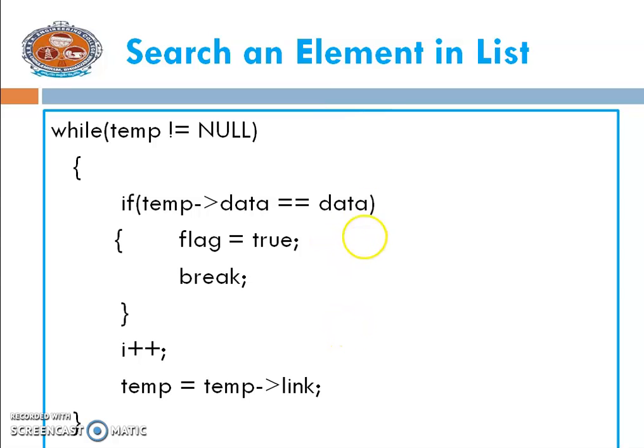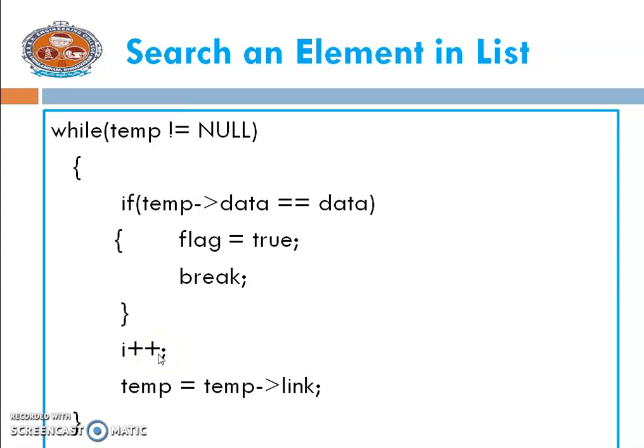Here we are using a temporary variable for traversing through the list and comparing the temporary variable's data to the actual data which is to be searched. If it is found, we use another variable, flag, and update it to true. If the element is found, we exit from the loop.